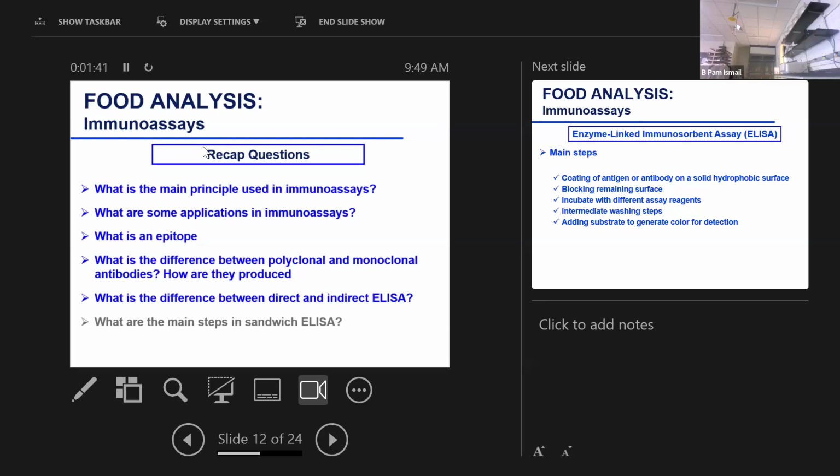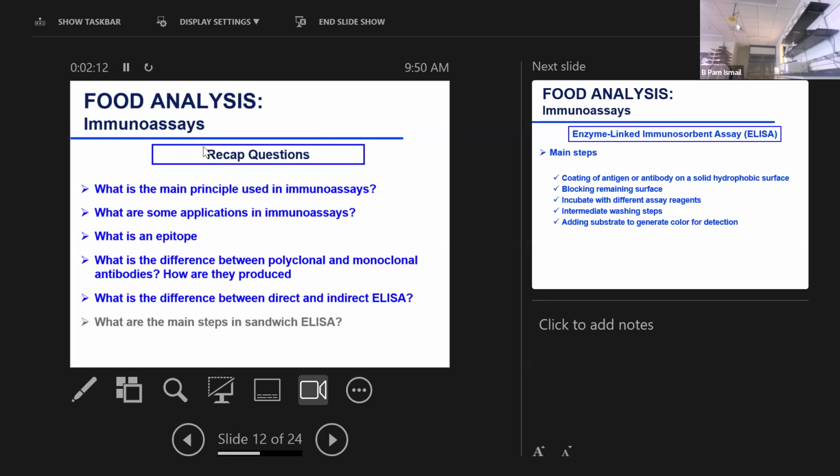GMOs, absolutely. So all of this is protein related: allergens, adulteration or authentication of meat, GMO. But we can also use ELISA, or immunoassay, to detect viruses and bacteria. Also, they can be used for small molecules like pesticides, antibiotics, and toxins like aflatoxin.